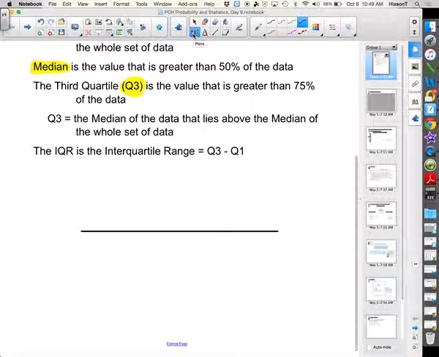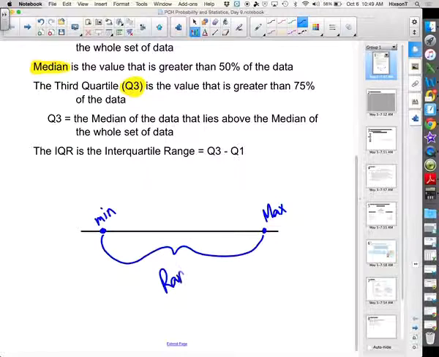We have the lowest point, the min, somewhere down here. The highest point is the max, somewhere up here. And this distance between them is our range. Okay? Then we have our median, which is the middle score. Okay.